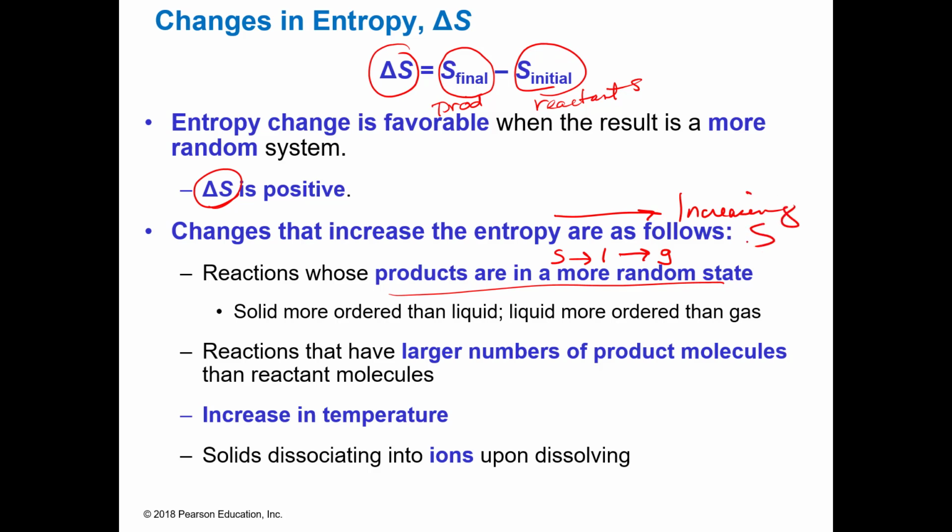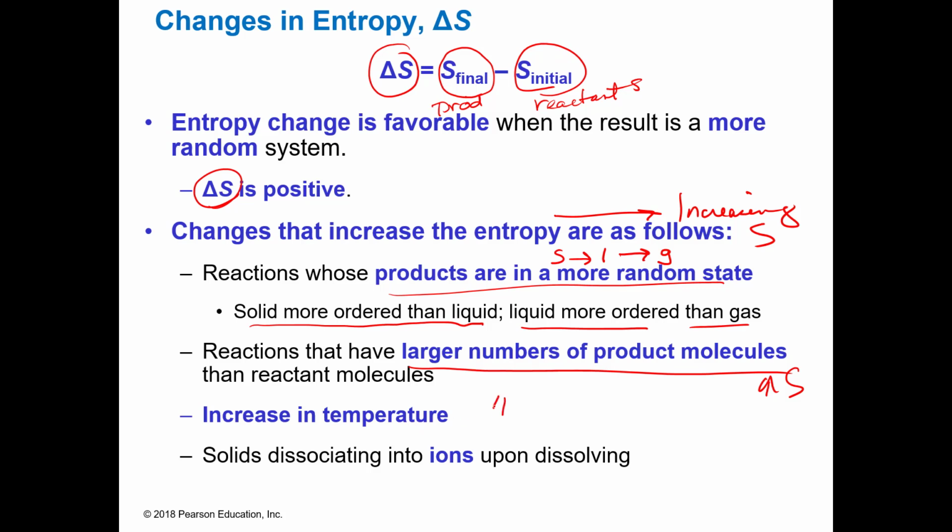A solid to a liquid to a gas. Whichever is the more random state, okay? Because solids are more ordered or arranged than liquids, and liquids are more ordered or arranged than gases. And as I said before, the larger the number of molecules in the product, the more you have an increase in entropy.